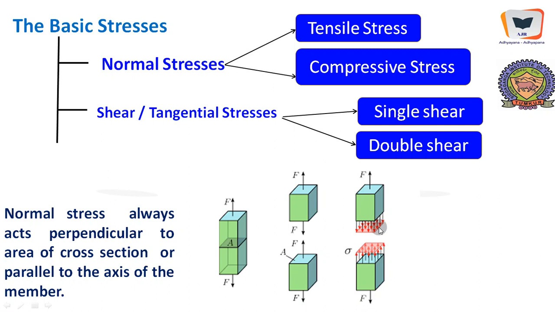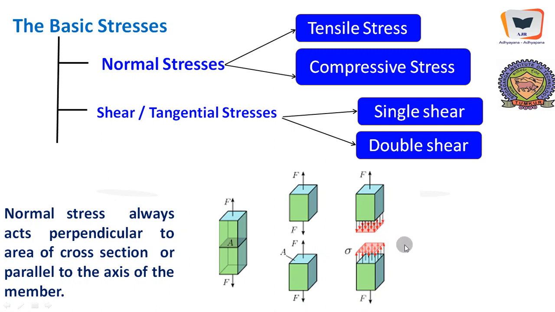However, you can notice the stress being directed away from the surface. Though they are perpendicular to the surface, they are away from the surface, and such a stress is tensile stress.